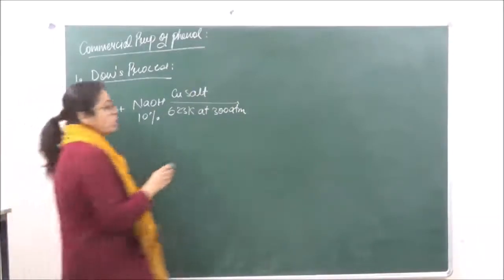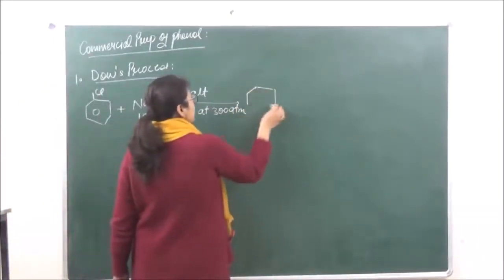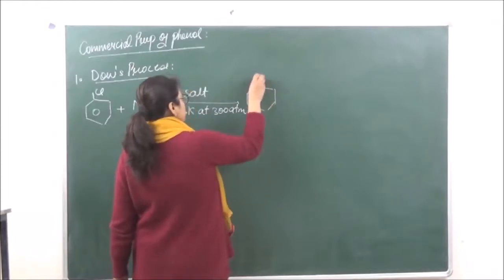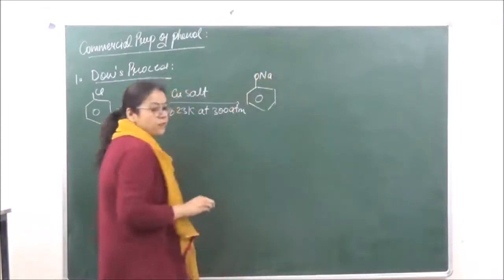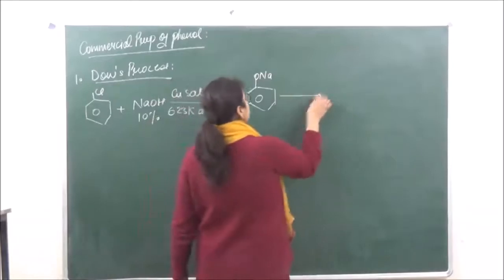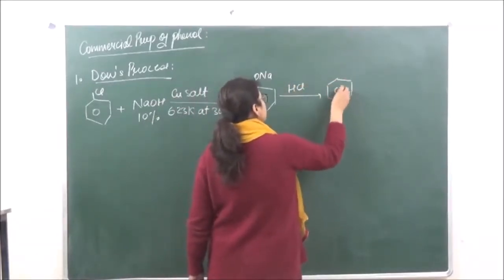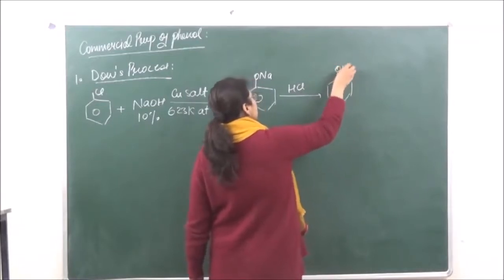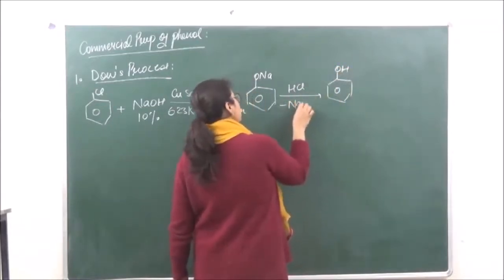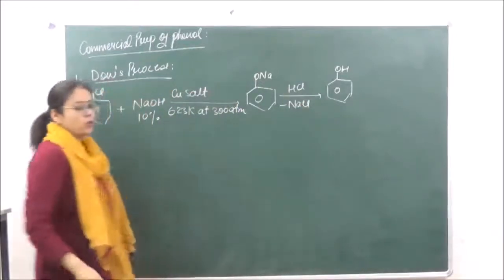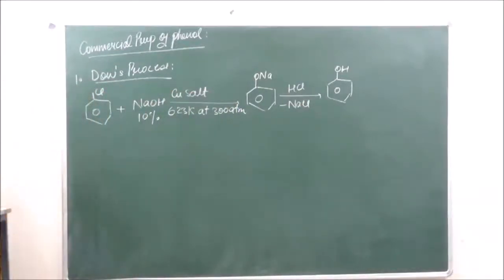We are going to get sodium phenoxide, which is further reacted with HCl to give us phenol. So this reaction we've already done in our previous chapter.